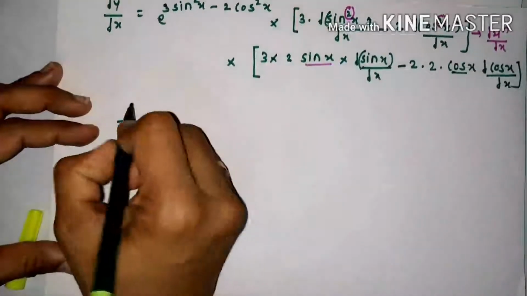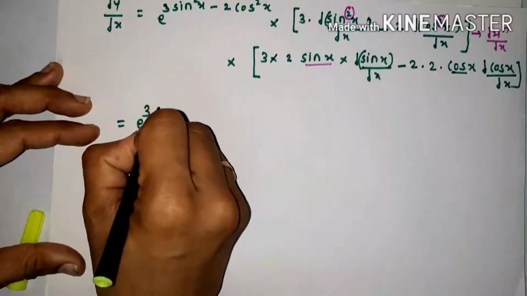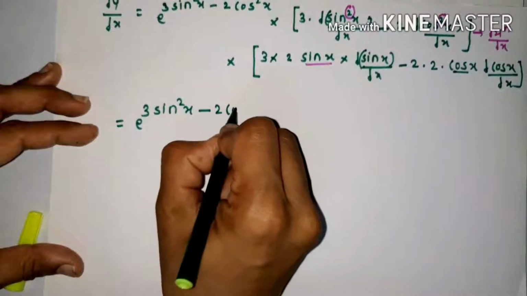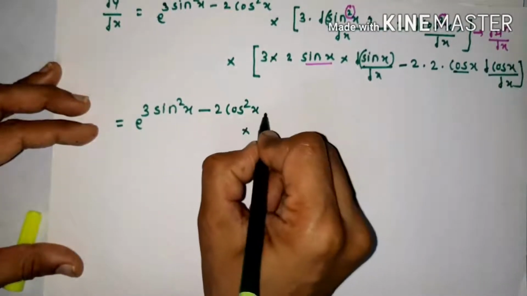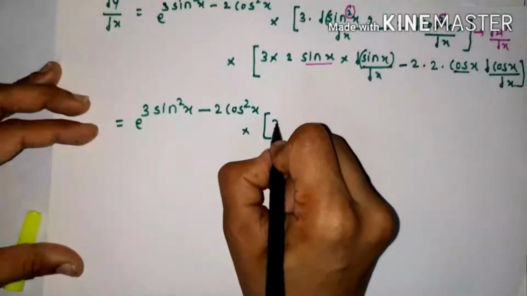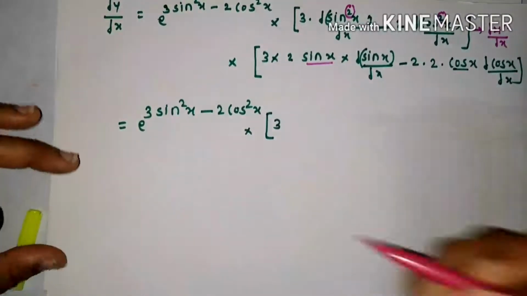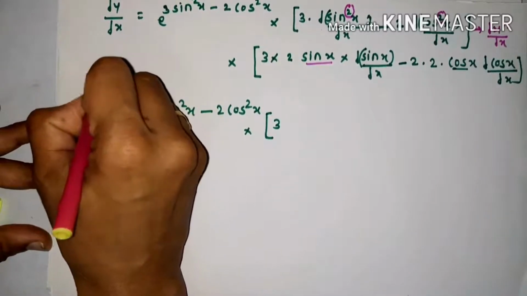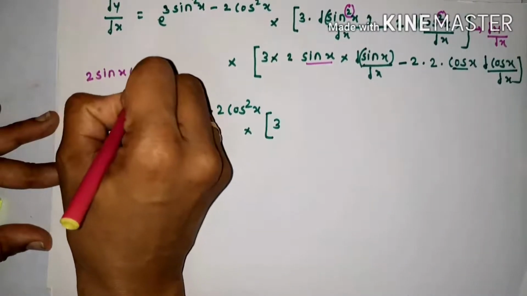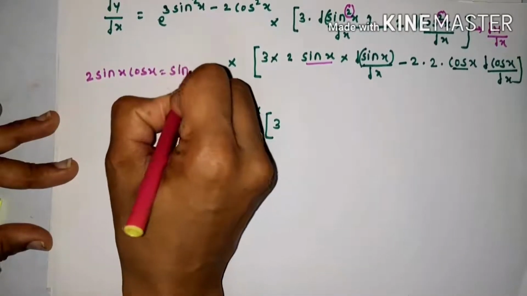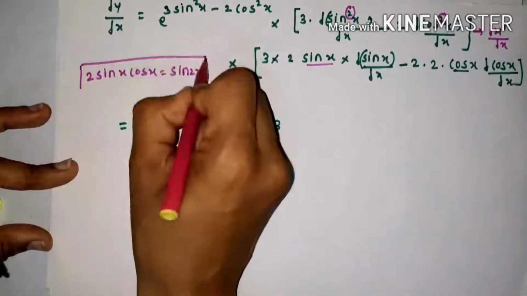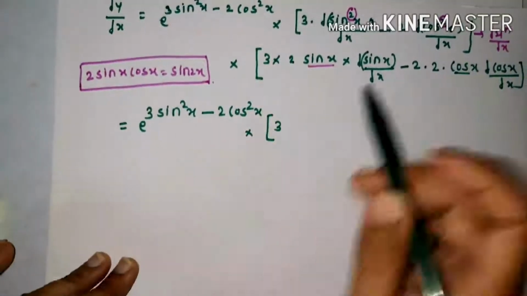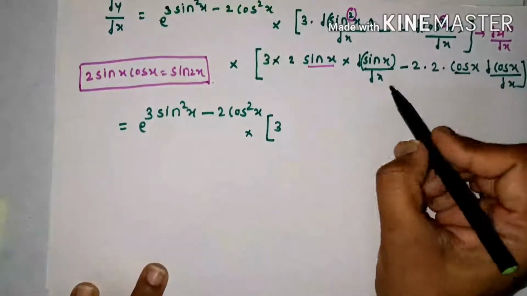Now this is equal to e raised to 3 sin square x minus 2 cos square x into 3 into, students, we know the trigonometric formula, that is 2 sin x cos x equals sin of 2x. We know the trigonometric function formula, so by using this formula we can deduce the answer here.